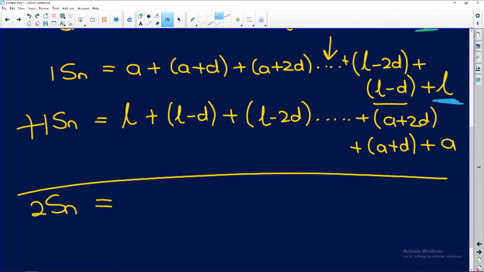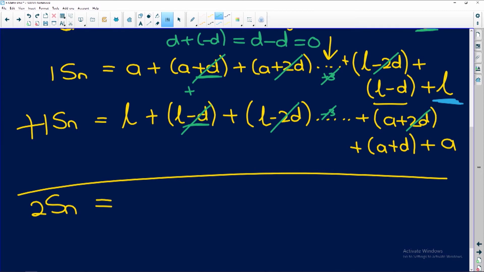Now, if you look here, if I say D over here plus negative D, D plus negative D is the same as saying D minus D, which is 0. So this D is going to cancel out with that negative D, as is this 2D going to cancel out with that negative 2D. At some stage we'll have a 3D and a negative 3D, and they will cancel out all the way up to the end where I have negative 2D plus 2D, which is 0, and negative D plus D, which is 0.